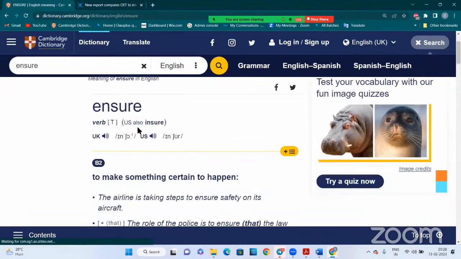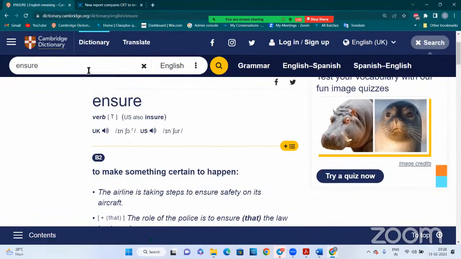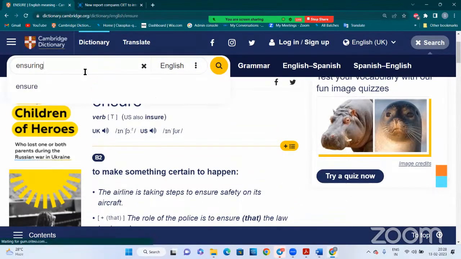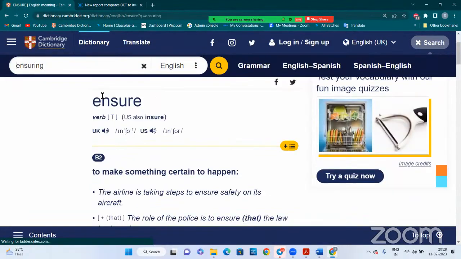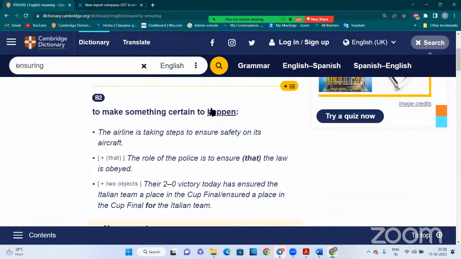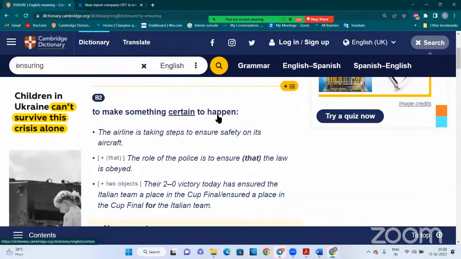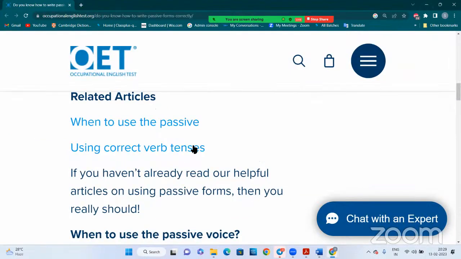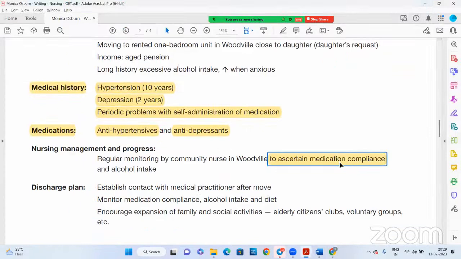Somebody write these notes and keep them. Ensure means make sure. Ensuring means to make something certain to happen, same as ascertain. So, to ascertain medication compliance.